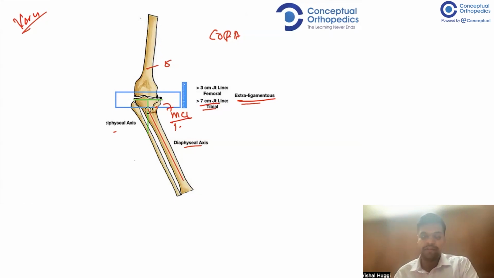Below this, the deformities are considered extra-articular. With this, we can decide whether we need to give intra-articular or extra-articular correction. Roughly, any deformity more than 20 degrees has to be corrected extra-articularly. But remember, this is also a concept.